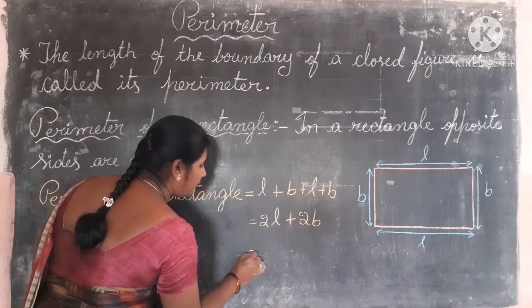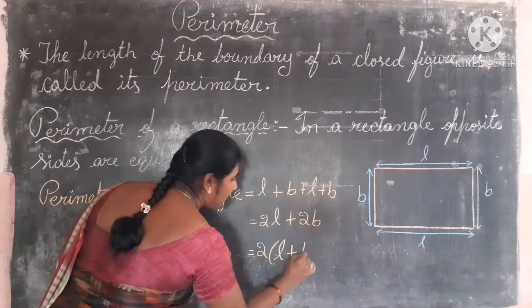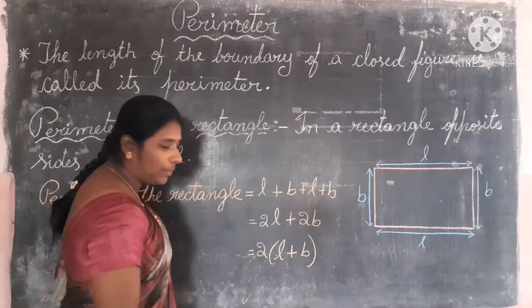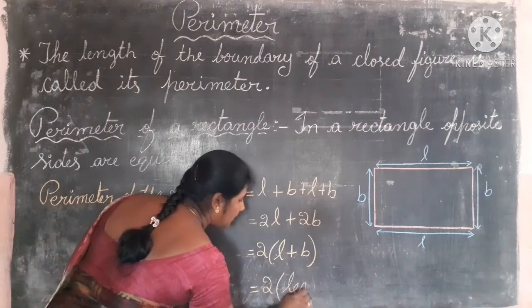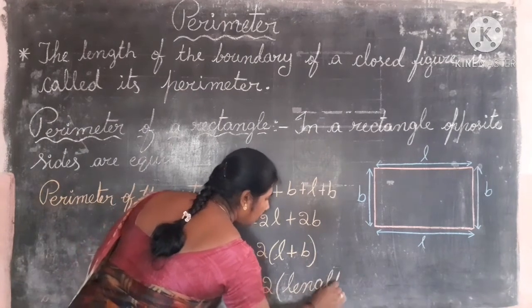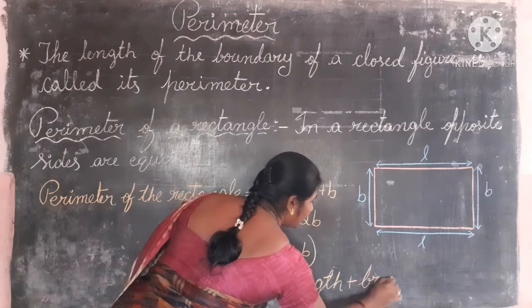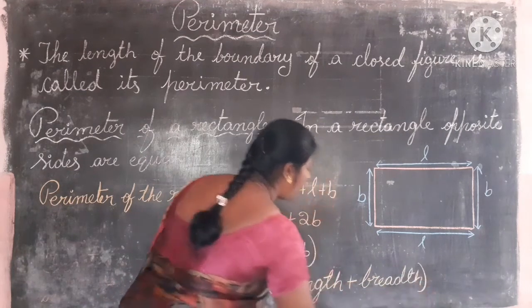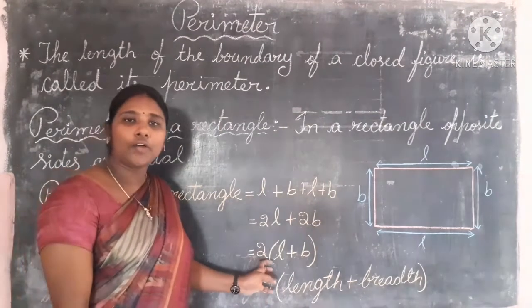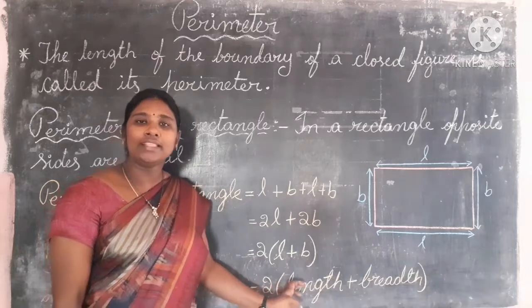If we take 2 common, it is 2 into L plus B, L for length and B for breadth. So what is the perimeter of a rectangle formula? 2 into (L plus B), 2 into (length plus breadth).